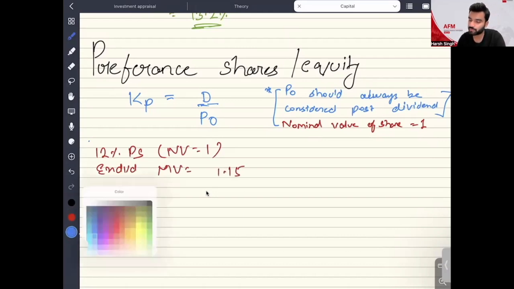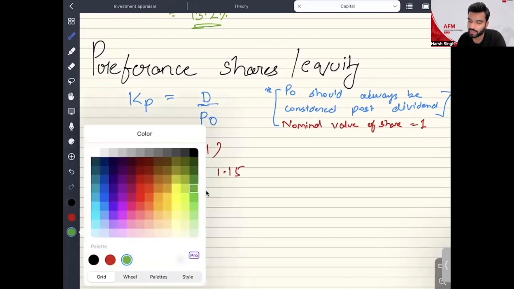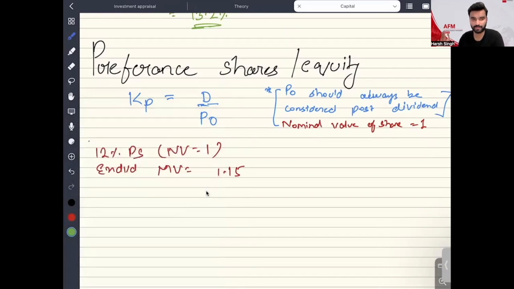You have to calculate and find the answer of cost of preference shares. So very simple. 12% of $1 is equal to 0.12, divided by share price, which is 1.15. That's it. So it will be equal to 10.4%. So the formula for cost of preference share is pretty simple. We don't have to worry much onto this side.